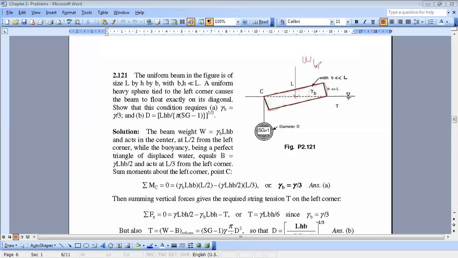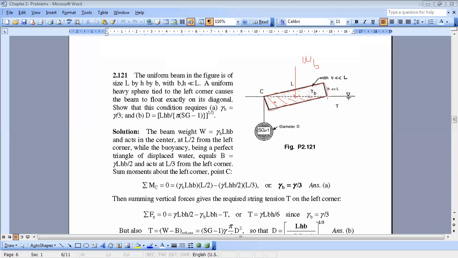We have the buoyancy force, okay, and as we said, the buoyancy force should pass by the centroid of the volume. So if I'm considering this is the volume immersed here, the buoyancy force should pass by the centroid. And we know that for a triangle, we know how to find the centroid. It's the intersection of medians. Okay, so you have a triangle.